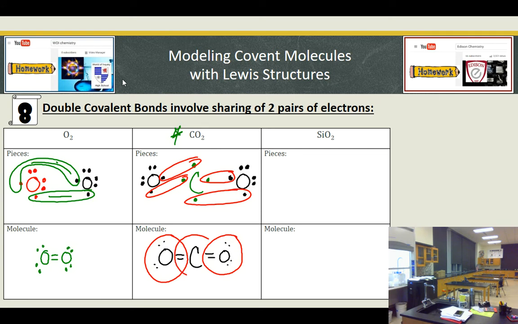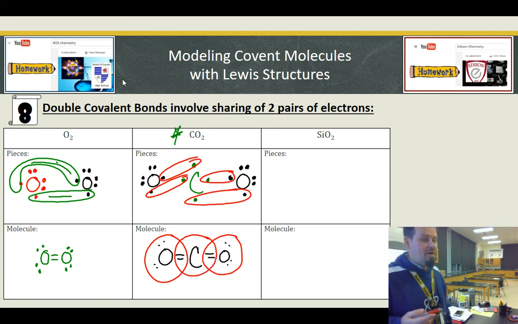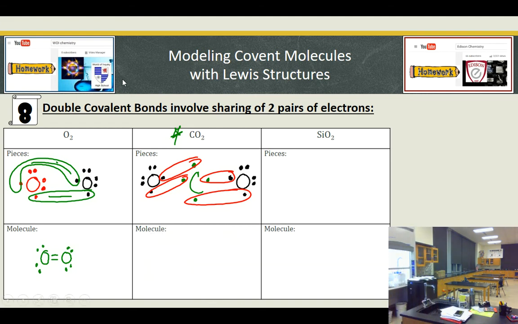And if you go around the carbon, 4 bonds, 2 electrons each, 8 electrons around my carbon. So my octets are satisfied, and that is a mental check that you can do to make sure that you've drawn these things right. Carbon dioxide is one that is very commonly needed to be drawn, let me put it that way.